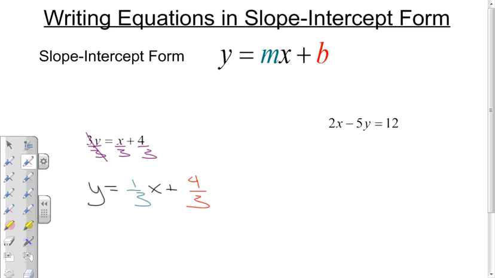And then we see here that this form is now legit in that I can see the slope is 1/3, and I can see the y-intercept is 4/3, y equals mx plus b.